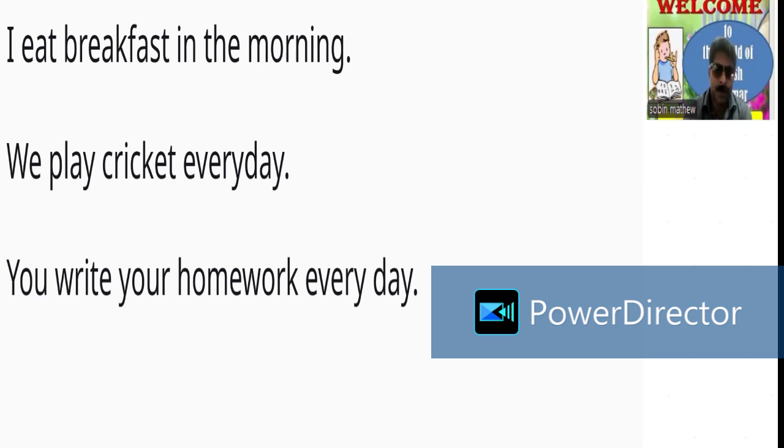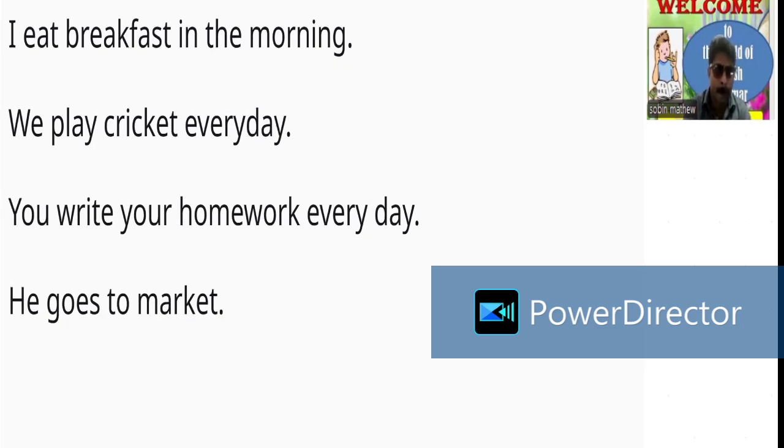Then the teacher writes the sentence, he goes to market, on the whiteboard. "All of you see the sentence on the whiteboard? All of you read together." All the students together read the sentence, he goes to market.